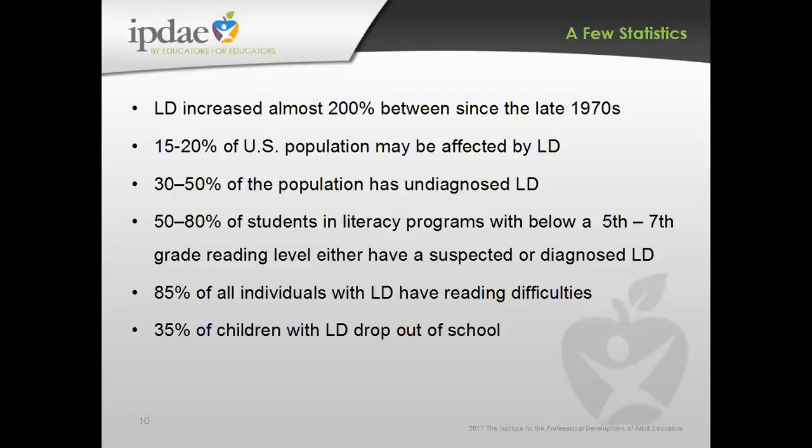And the one that I think is the most damning in our field is that 50 to 80, that means 5 to 8 out of every 10 students in your adult education and literacy classes that have below a 5th to 7th grade level in reading either have a suspected or already diagnosed learning disability. You think about that and you realize how serious this is. 85% of all people with LD have their disability in reading, and 35% of the children that drop out of school have a learning disability.